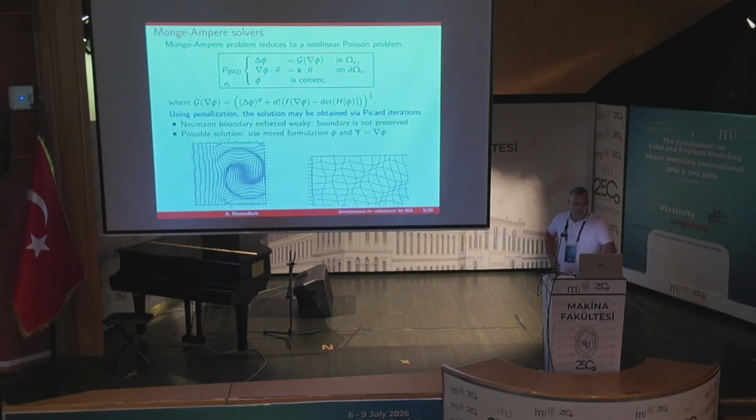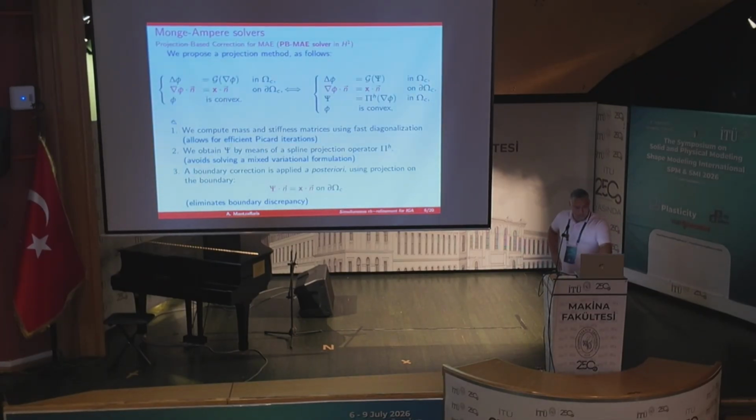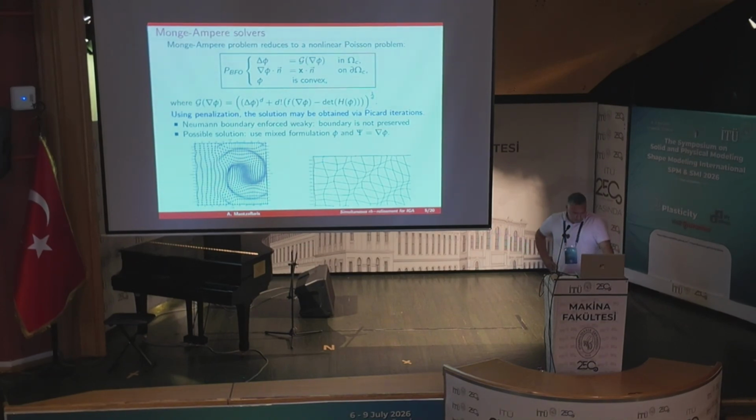So you arrive at this Poisson equation where your convex potential phi is your unknown solution and its gradient is your relocation map. And in order to solve this, since it's a nonlinear problem, we can use Picard iterations. It's simpler than the Newton method, but the nonlinearity is not so strong here and it works actually quite well.